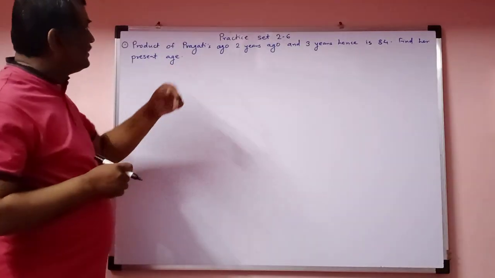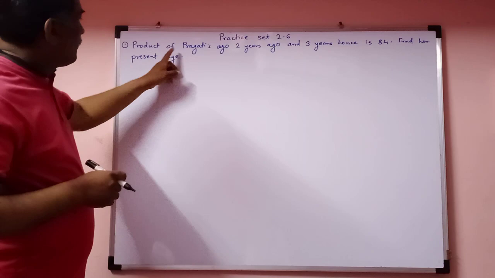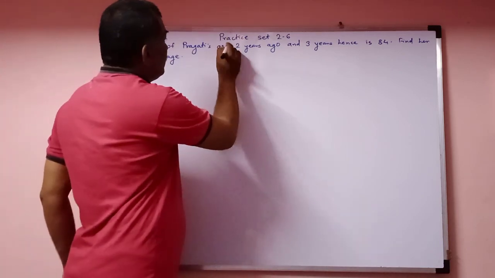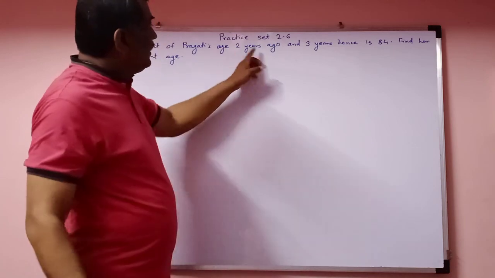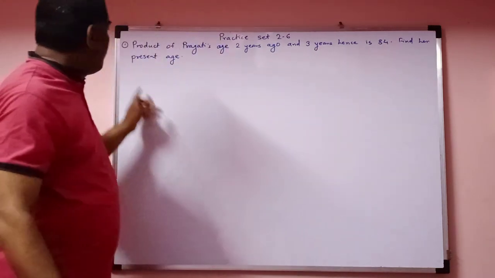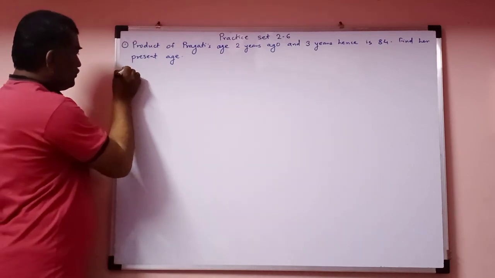Practice set 2.6. First example: product of Pragati's age 2 years ago and 3 years hence is 84. Find her present age. Solution.